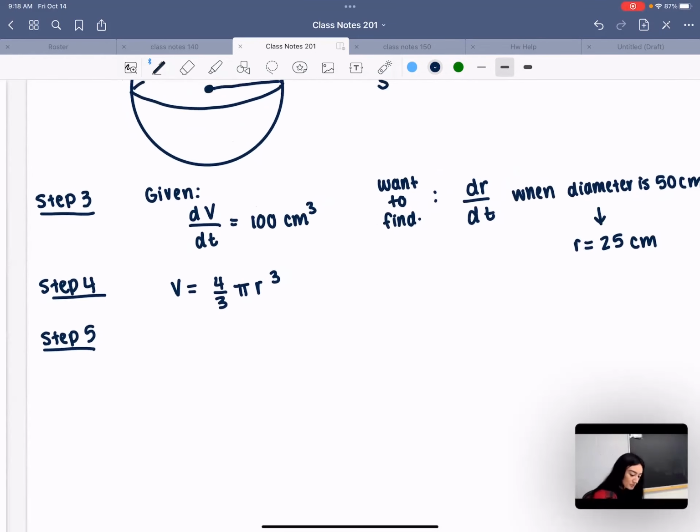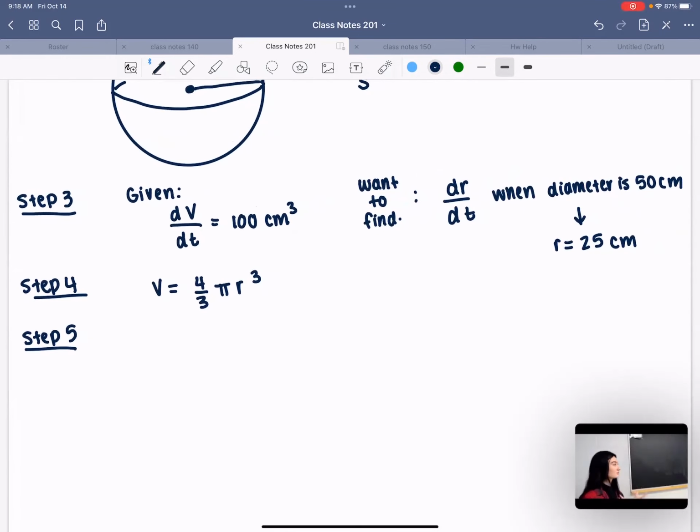Okay. Implicit differentiation means we have to take the derivative of the left and the derivative of the right. What's the derivative of the left? It is dv dt though, right? But nice job, John.